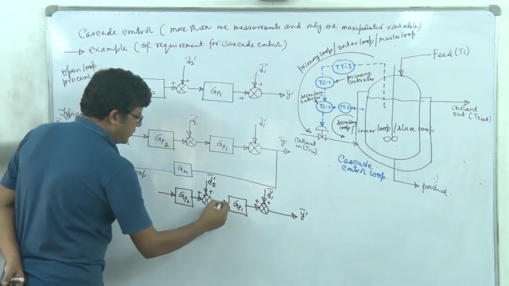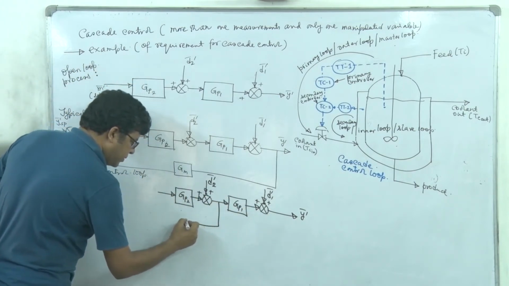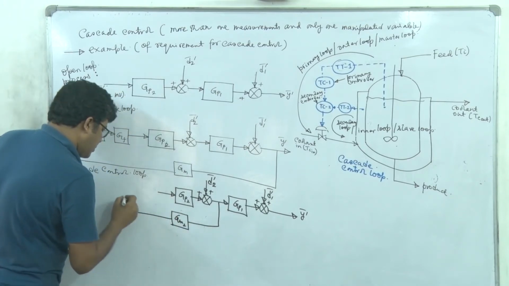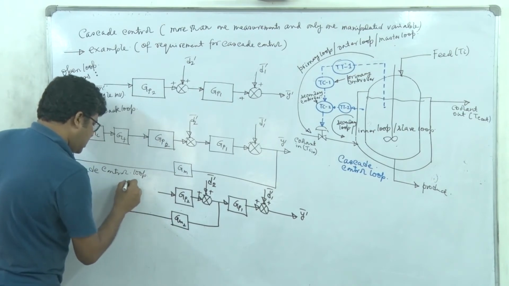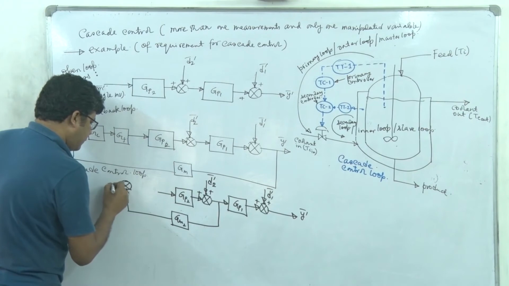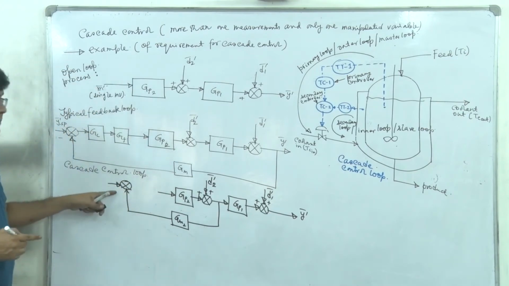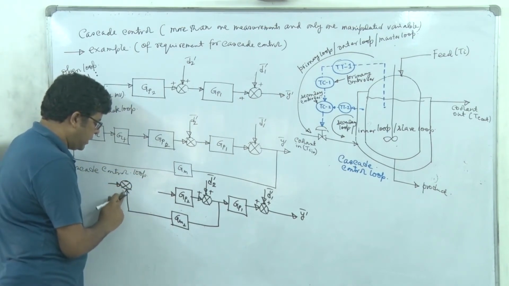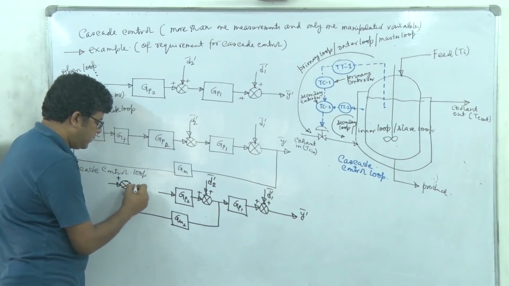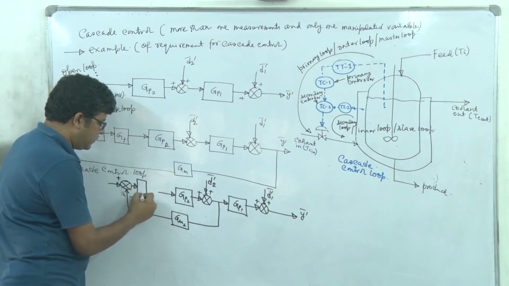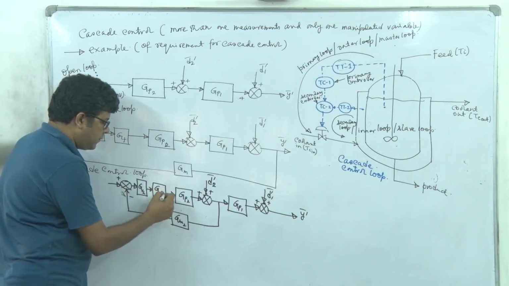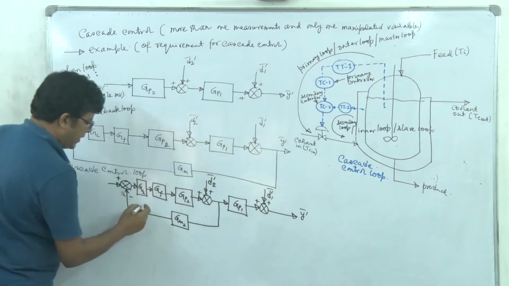Now before it hits the primary process, from here we take a measurement, GM2, going to the comparator, which will be supplied with a set point, and that will basically be the output of the primary controller. We'll come to this later. Here it's minus, this is plus. Next it goes to GC2, the secondary controller, and the final control element GF. That's basically the secondary loop, right?